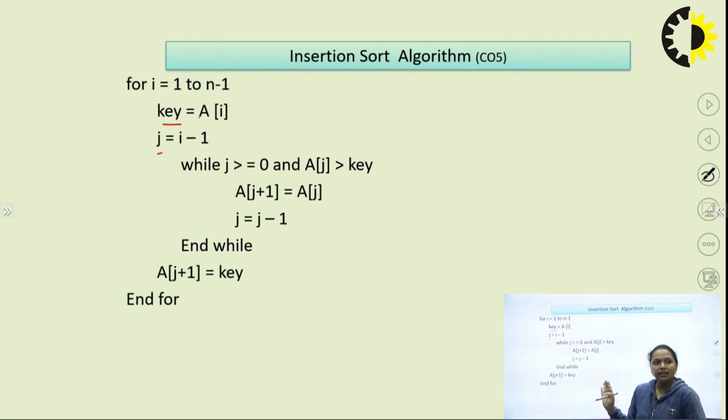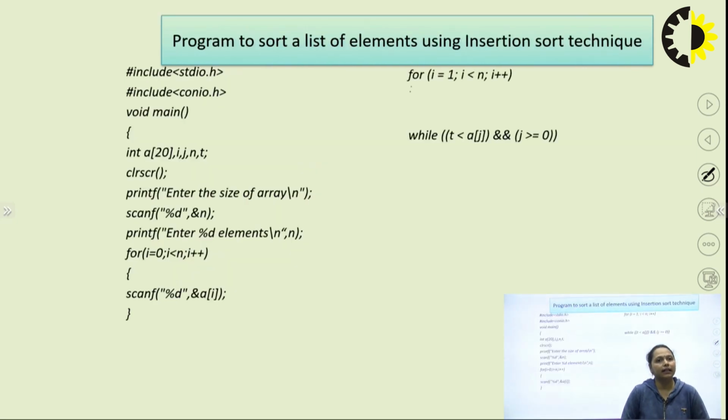At the last, when all the values are shifted to the right, we do A[j plus 1] equals key. We inserted the picked data at its correct place. That is insertion sort.